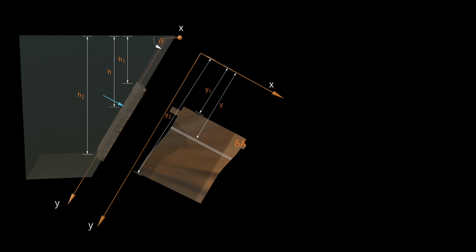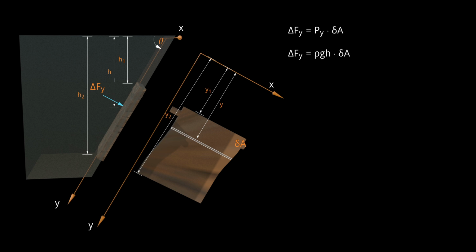Since the height of the strip delta A is extremely small, and it lies flat at a constant depth, the pressure across the entire strip doesn't change. That means we can safely assume the pressure is uniform along that strip. So the force on this tiny strip is simply the pressure at that depth multiplied by its area. This pressure is calculated by multiplying the density of the liquid ρ, the gravitational acceleration g, and the depth h below the surface.